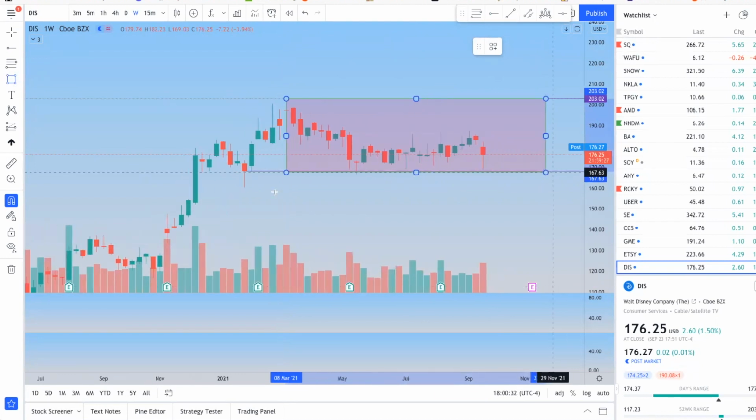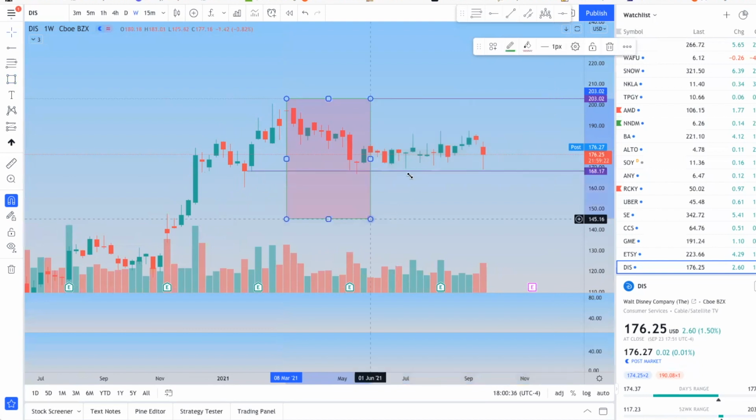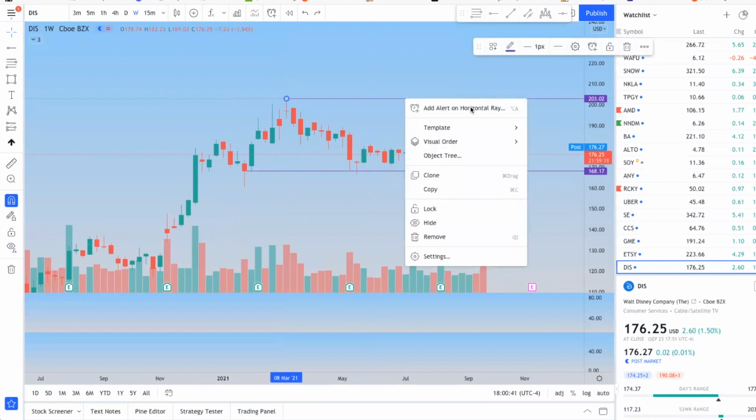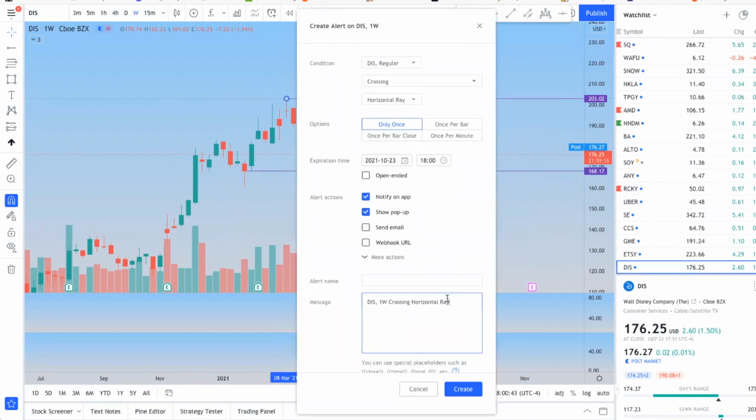Again, I'm a very, very big sucker for alerts. If it's the first time I chart this one, right away I put an alert here. I did a post a few months back, I don't remember, about alerts, and that's something you should use.